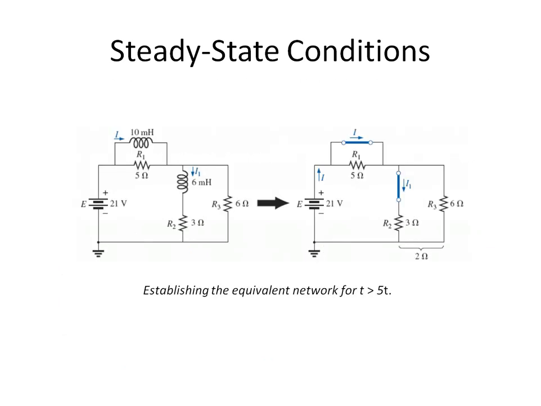Here we have another example, and again, after 5 time constants have passed, or after the inductors have charged up, they act as a short. So the inductor on the top, which is the 10 millihenry value, is now viewed as a short. So R1 is now shorted out. And the 6 millihenry inductor is also viewed as a short now.